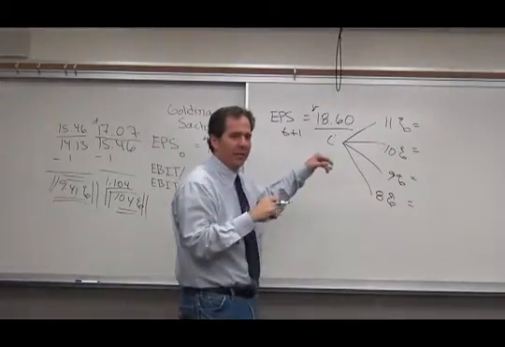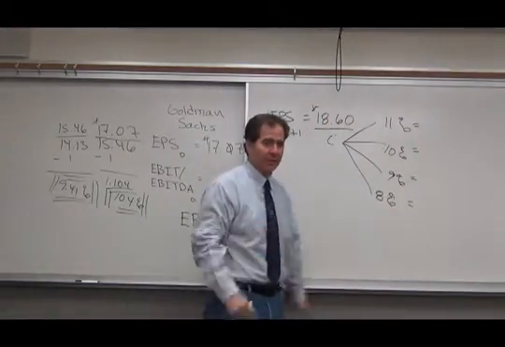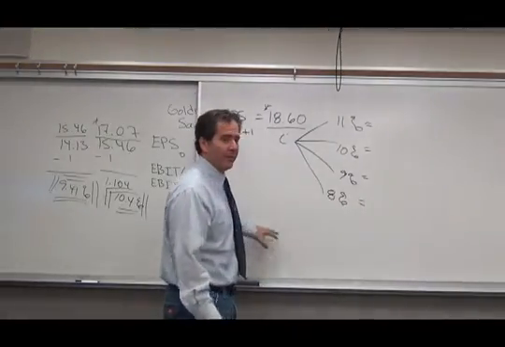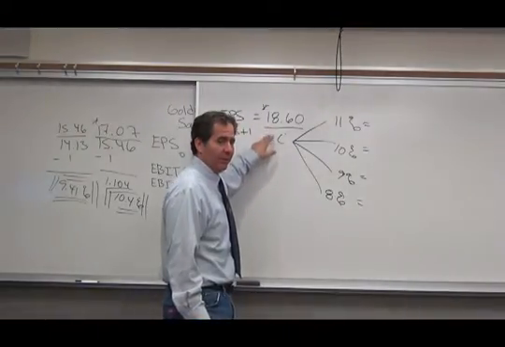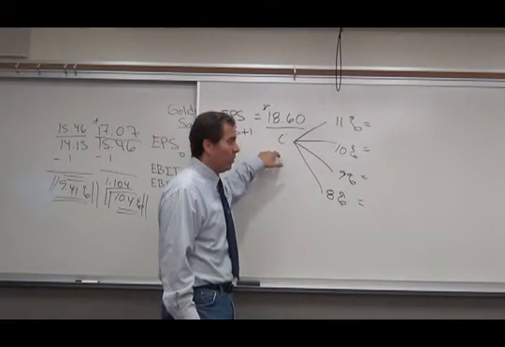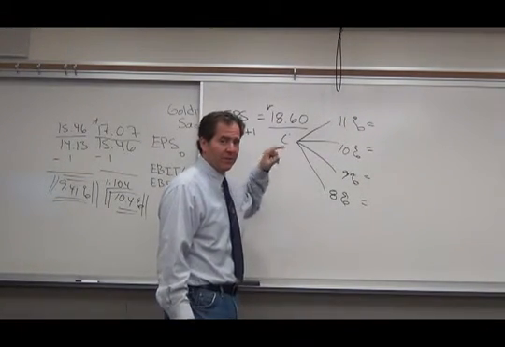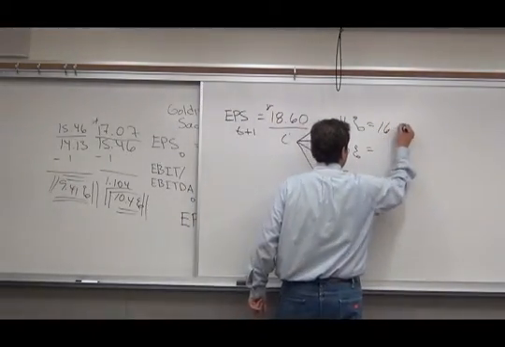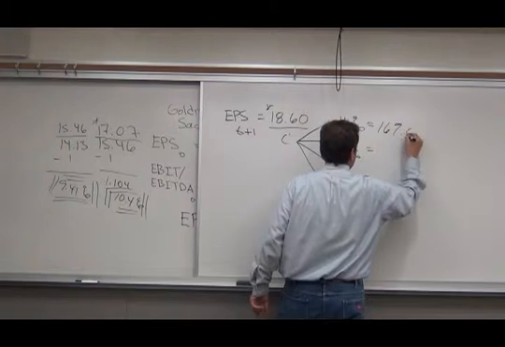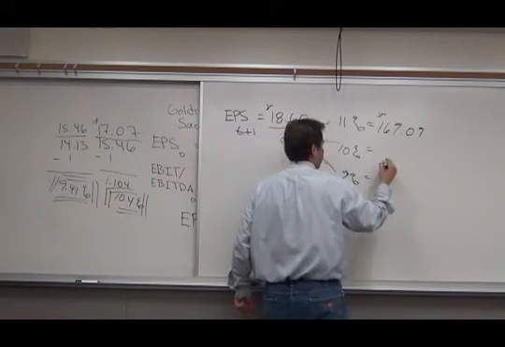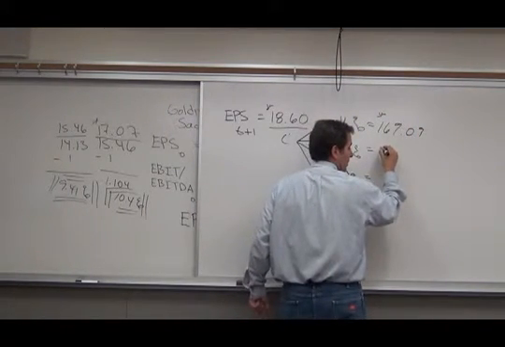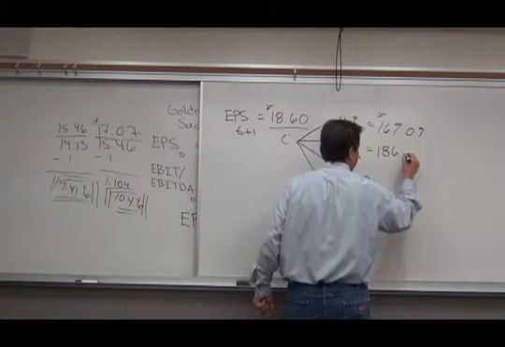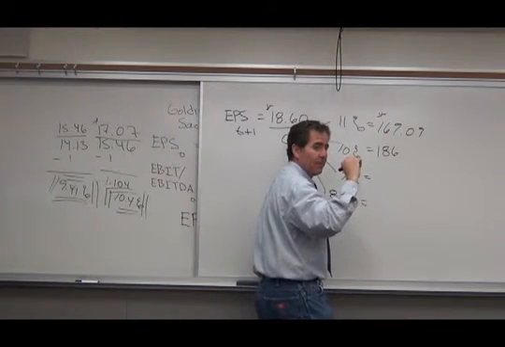So maybe you can do the calculations and just yell them out to me. Everybody should be calculating this: 18.6 divided by 0.11, 0.1, 0.09, 0.08. Just go ahead and yell it out. For 11%, 169. Then 0.09: 186. The next one is 206.